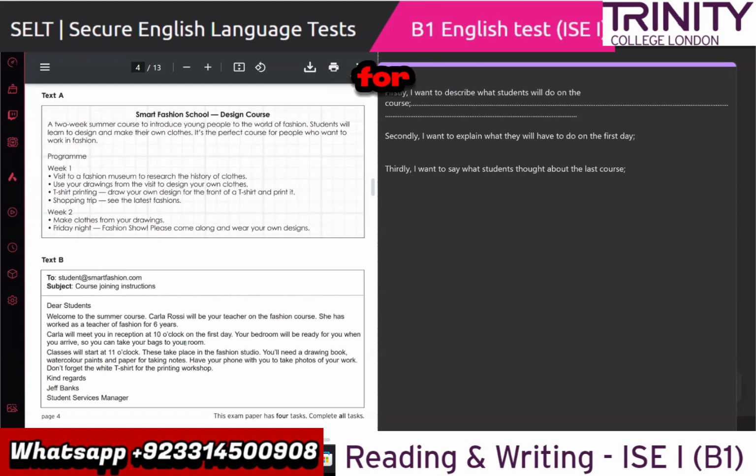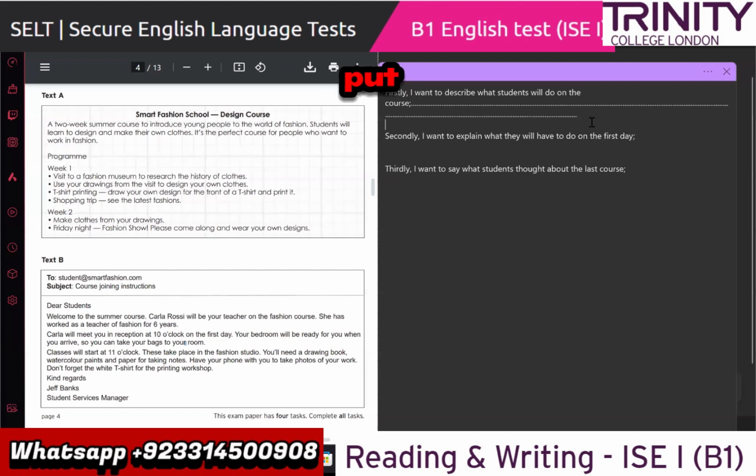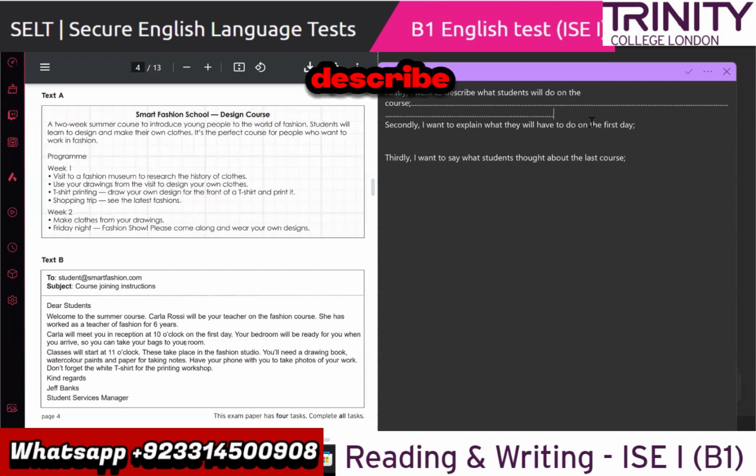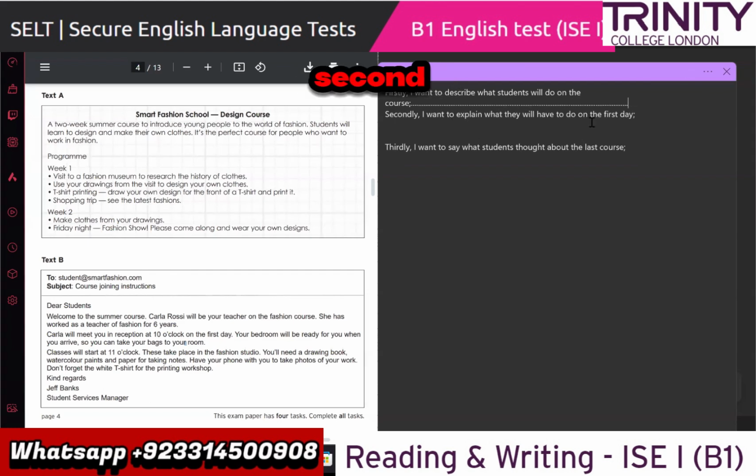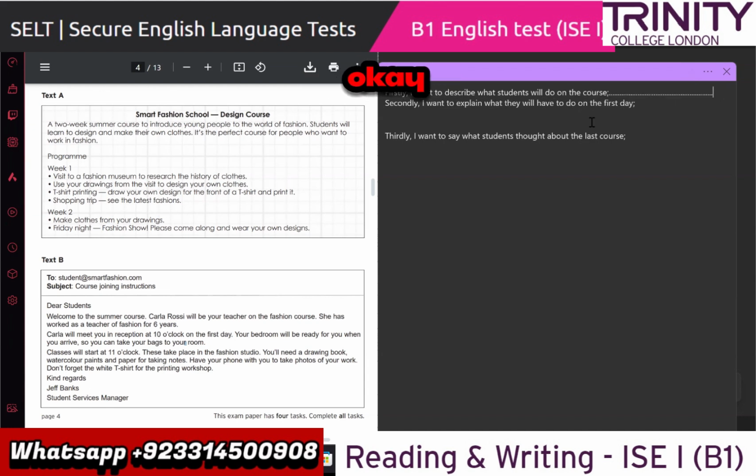Now I'll write this for you guys, what to put in here. Firstly, I want to describe. Secondly is also not okay. We have to write 100 words, sir, 100 to 130 words. Okay. First of all, students will learn to design and make their own clothes, right?